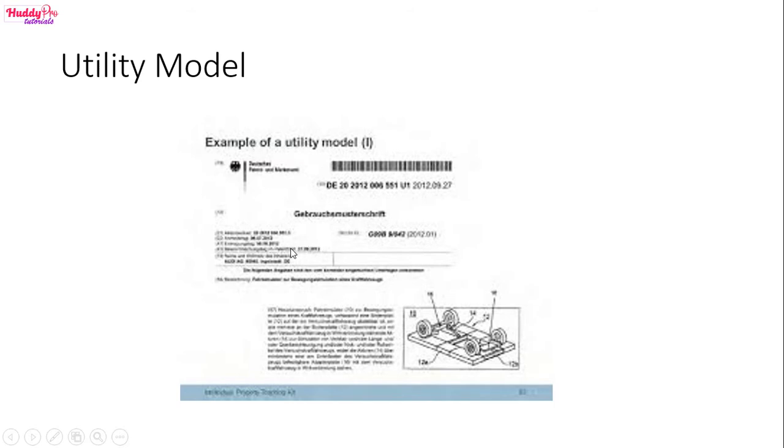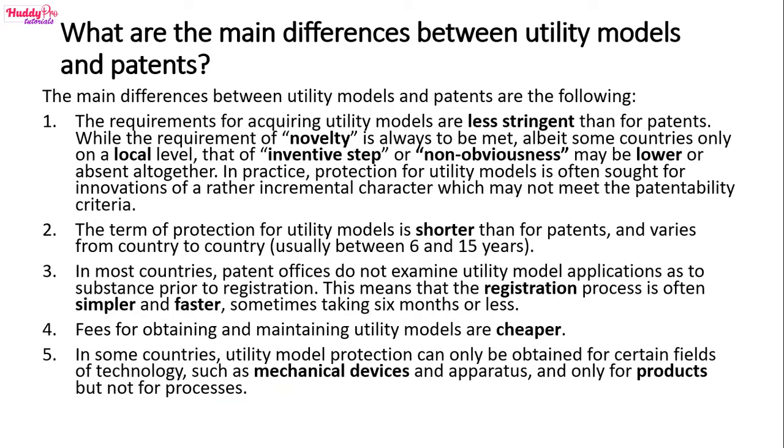You have the details there, so that any person who uses your newly created knowledge has to first seek permission from you, the owner of the utility model. But don't forget that the utility model only applies for a limited period of time, usually 6 to 10 years, and in a particular state or country or territory. So a utility model in one state may not apply in other states or in other countries.